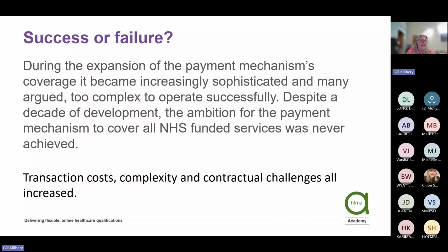It tended to make things more complicated in the end than they needed to be. Regardless of how long we've been trying to do the payment process and cover all our activity, we're still not there. We're not covering all NHS services. It's not been achieved.